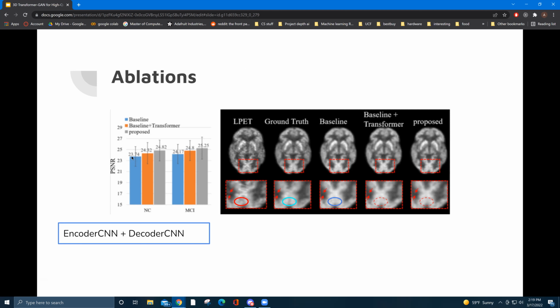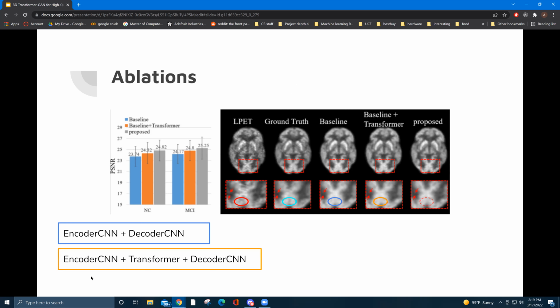And this scored the peak signal to noise ratio metric at 23.74, and here's a view of a section of the brain that they produced using that, the SPET quality.